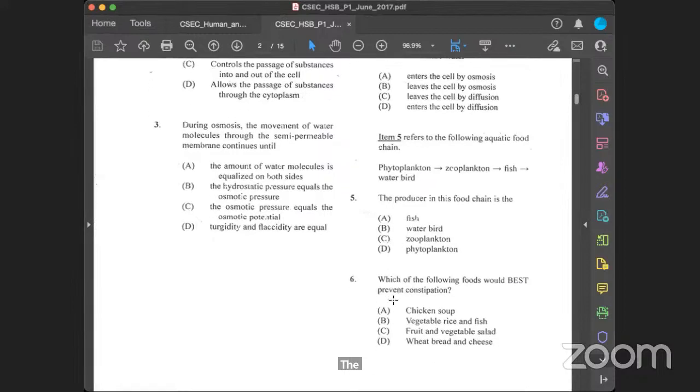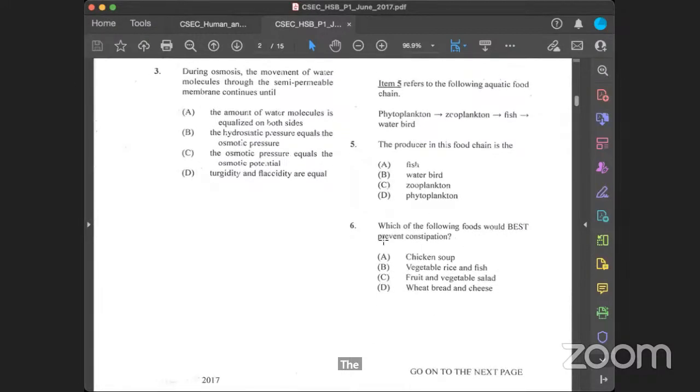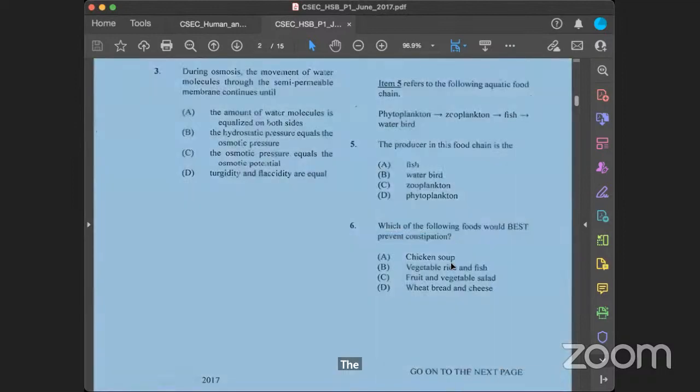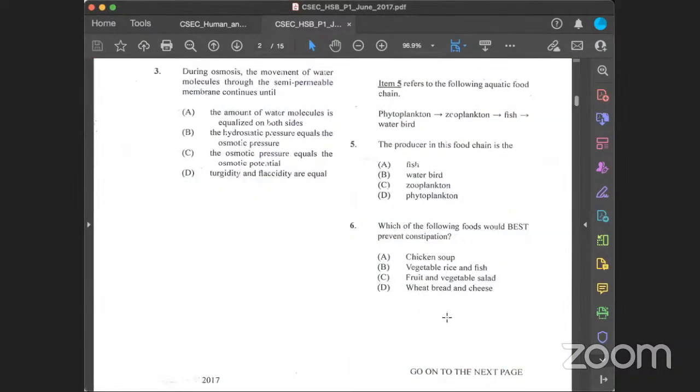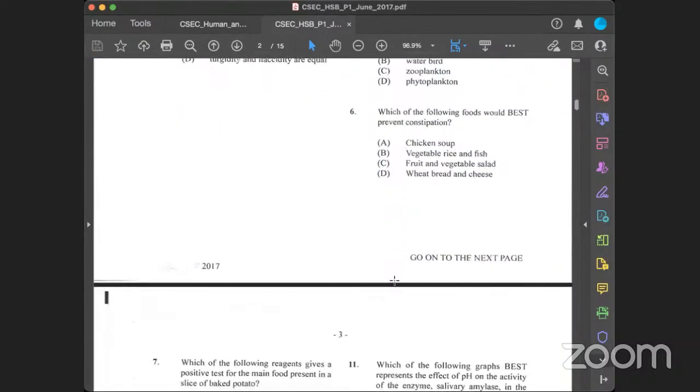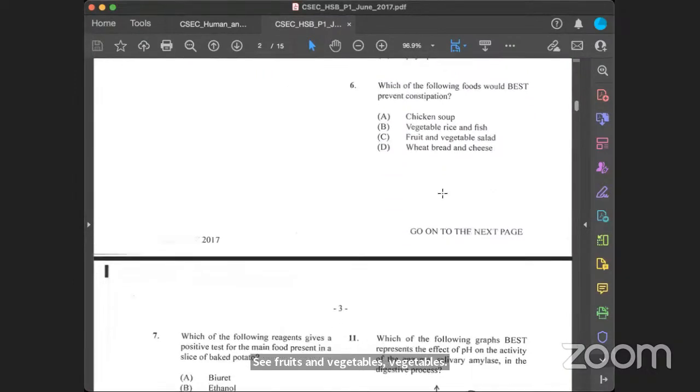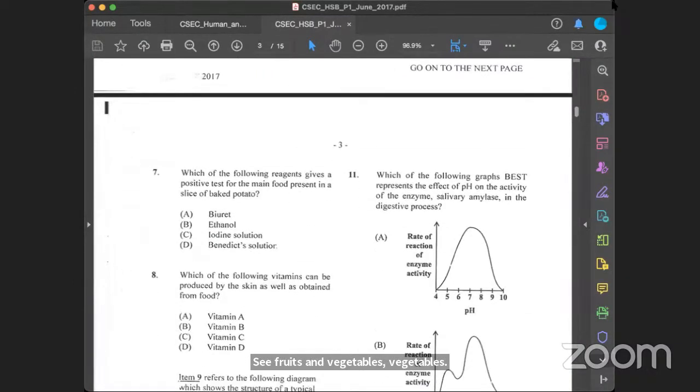D, yeah. What is the best to prevent constipation? C. Fruits and vegetable salad. All right. I could do with some of that right now.